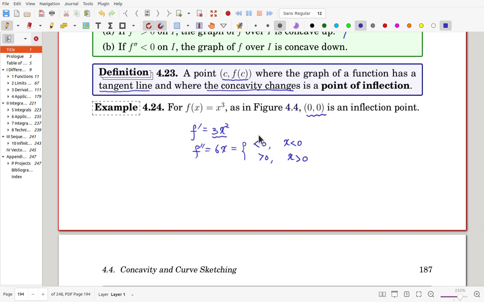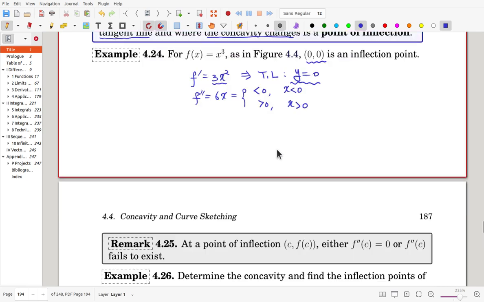Of course, at 0 the slope is 0, so the tangent line is y equals 0, a horizontal flat line. So two conditions are satisfied: the existence of a tangent line, and the concavity change. Then we say it is a point of inflection, or inflection point.